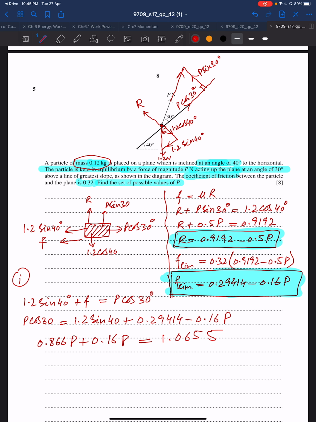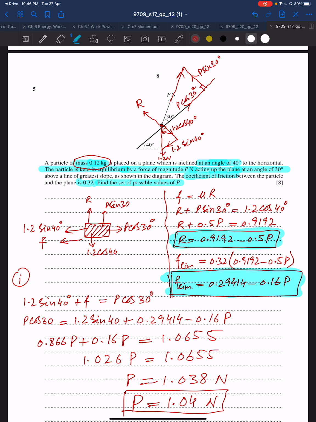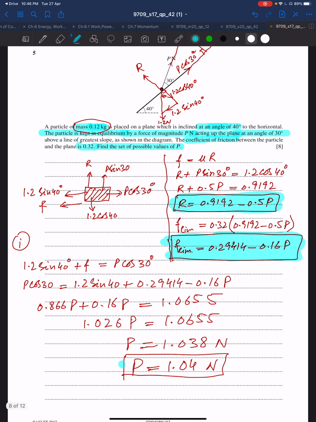If you add them up, this becomes 1.026 P is equal to 1.0655, and P is equal to 1.038 Newton, rounded to three significant figures as required. This will be the P in the first condition.